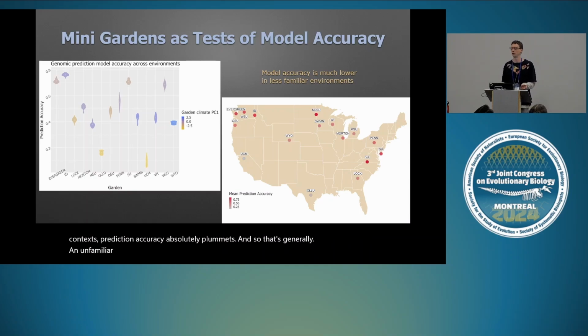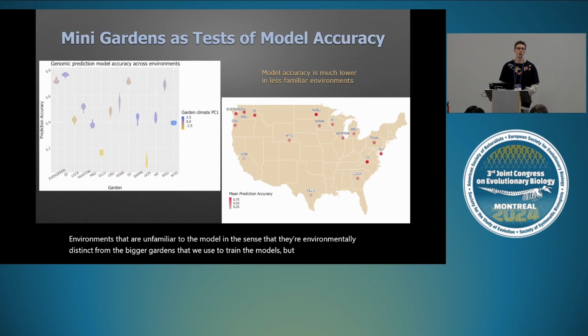And when I say unfamiliar, I mean environments that are unfamiliar to the model in the sense that they're environmentally distinct from the bigger gardens that we used to train the models, but also environments that are unfamiliar to the poplars. You can see we do the worst at predicting in Texas and California. And those are just environmentally very, very strange for the poplars, very far from the types of environments that they're used to. So perhaps our prediction accuracy is just better when the poplars are growing better.